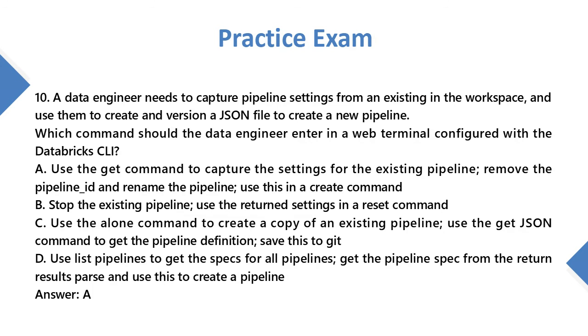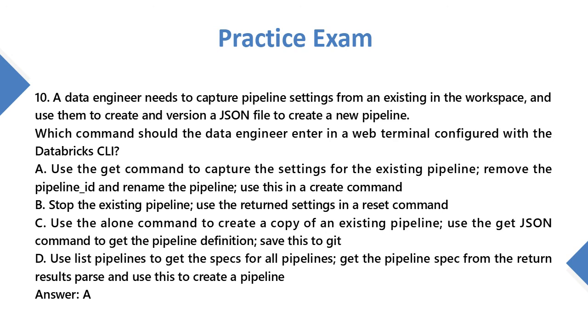10. A data engineer needs to capture pipeline settings from an existing pipeline in the workspace, and use them to create and version a JSON file to create a new pipeline. Which command should the data engineer enter in a web terminal configured with the Databricks CLI? A. Use the get command to capture the settings for the existing pipeline. Remove the pipeline_id and rename the pipeline. Use this in a create command.